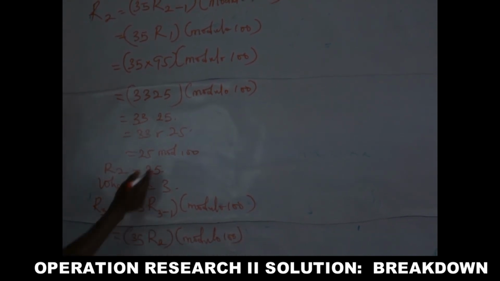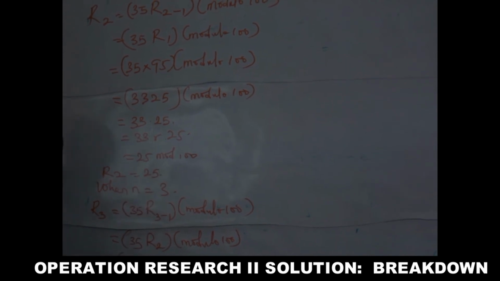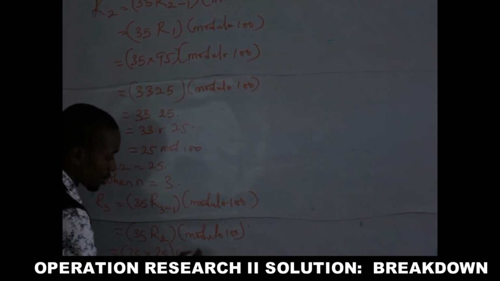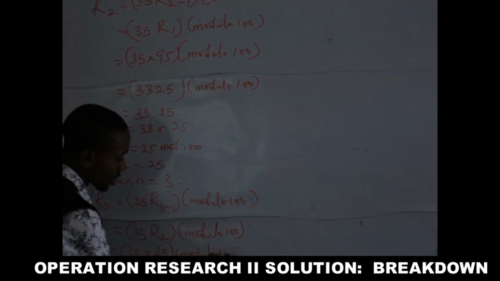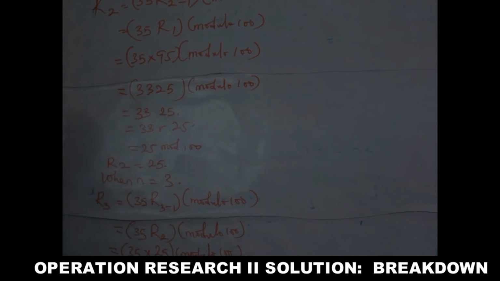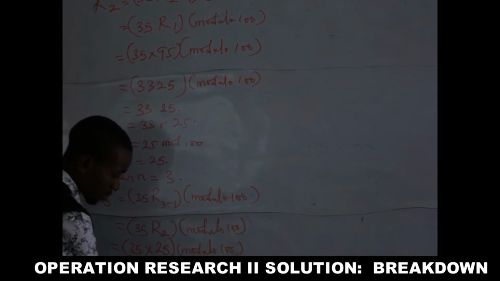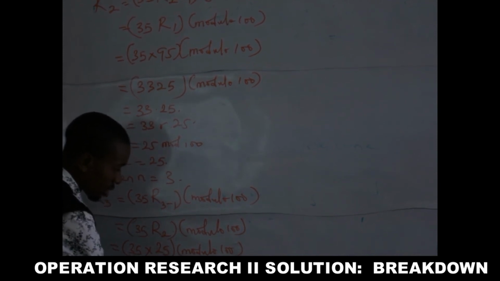R2 is equal to 25. So we have 35 times 25 modulo 100, which will give us 875 modulo 100.